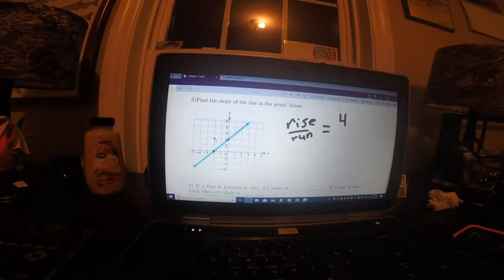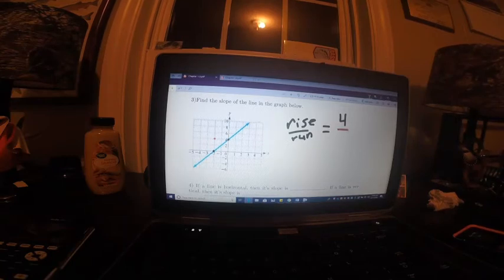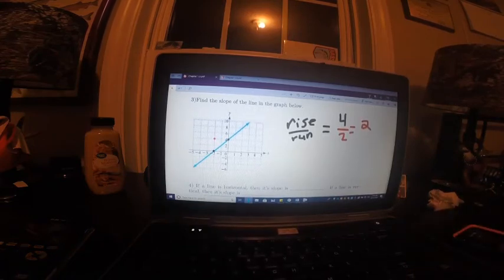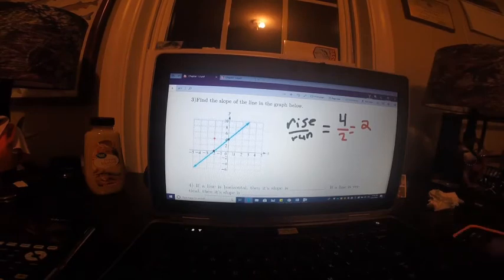What you got to be careful of here is I'm going by 2's on the y-axis, but on my x-axis I'm only going by 1's. So I'm going to the right 1, 2. So it's going to be 4 over 2. Need to reduce that. 4 over 2 reduces to 2. So the slope of the line in the graph below is actually 2.